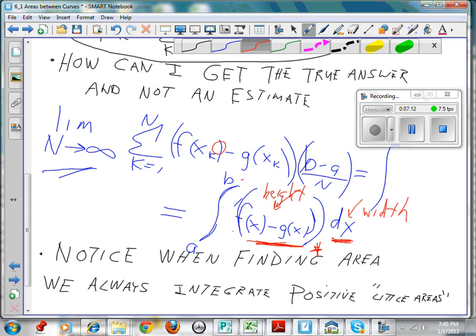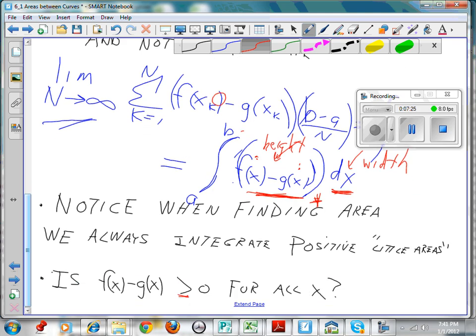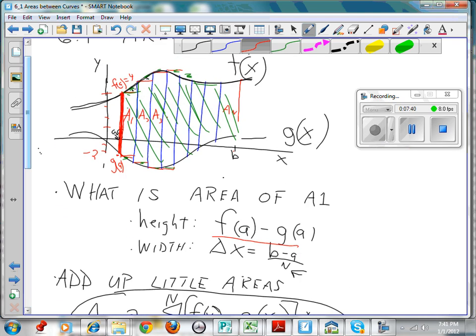So it's important you take the largest height, which is positive, minus the littler height. You take the curve on the top minus the curve on the bottom, such that you get a positive area. So f of x minus g of x has to be greater than 0 for all x in order to do this. Okay, so anyway, that is in general how you find area between the curves.